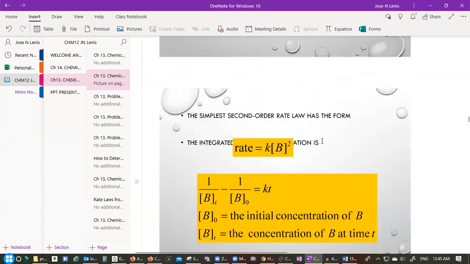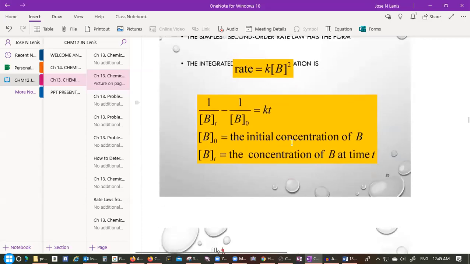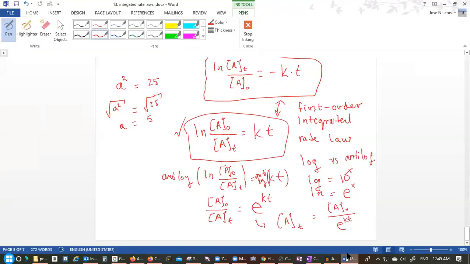For a second order reaction, the rate law is rate equals reaction rate constant times concentration of B to the second power. And the second power represents the order, second order reaction. From the graph, we found, I think I didn't do it in the graph for the second order.